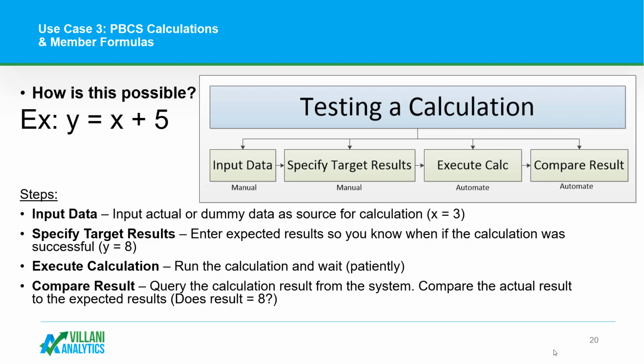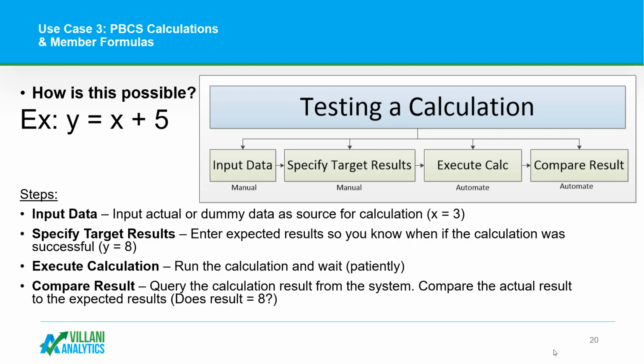Some of them are very complex allocations that may take minutes or hours. We would query the result and say, what did the system get for y? And compare it to what we're expecting, which is 8. If we get 8 and we're expecting 8, we know the test passed. If we get 10 and we were expecting 8, we know the test failed, right?